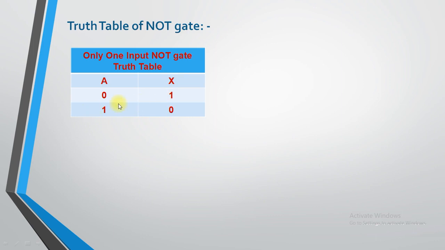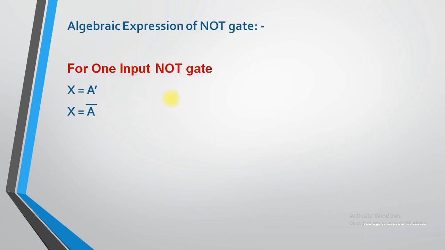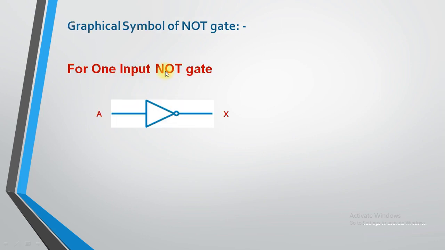Similarly, in the reverse condition, if the input variable value a equals 1, the value of x equals 0. This is the Boolean algebra, x equals a dash, x equals a bar, that is used for the one input NOT gate, and this is the graphical symbol of the NOT gate.